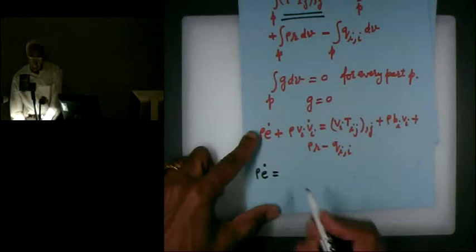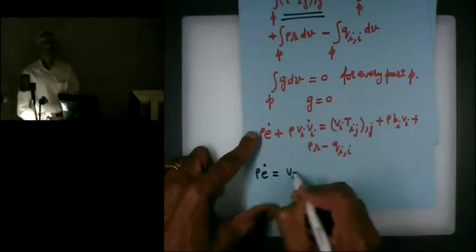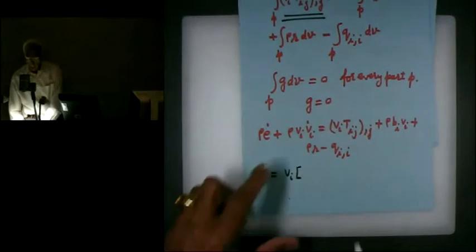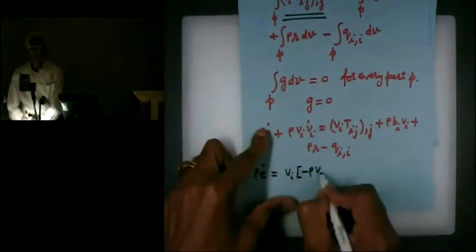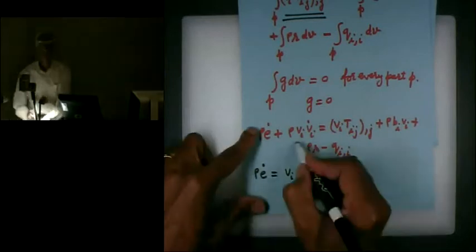I'm going to take Vi as a common factor. So I have minus rho Vi dot. That is this term.